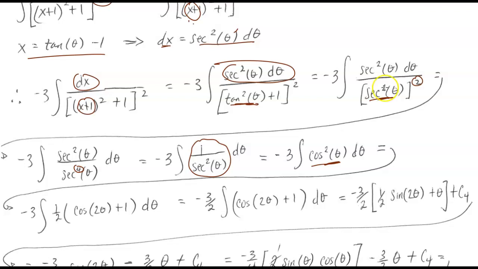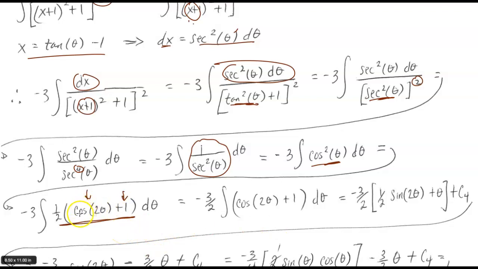So we know that cosine squared of theta is just going to be 1/2 of cosine of 2 theta plus 1. This is a trig identity, and it is good because we can take the antiderivative of cosine of 2 theta with ease, and we can take the antiderivative of 1 with ease.